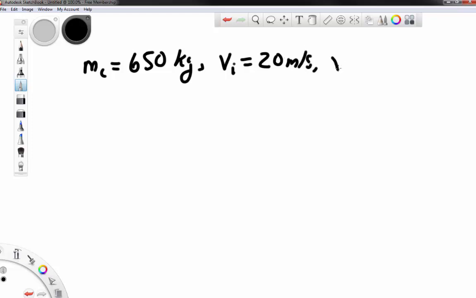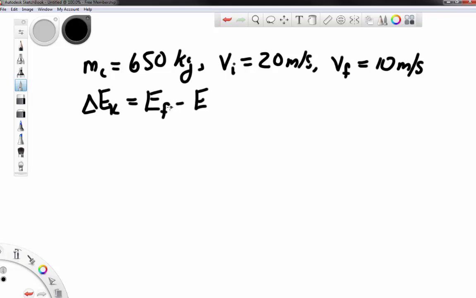It had a final speed of 10 meters per second. And we want to know what is the change in kinetic energy. So change in kinetic energy is going to be whatever is the final kinetic energy minus whatever is the initial kinetic energy.